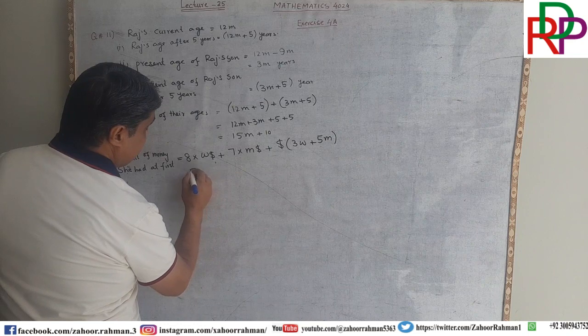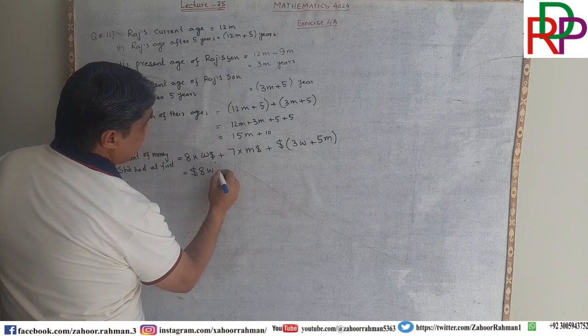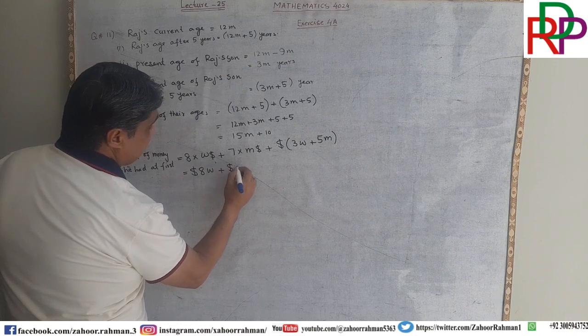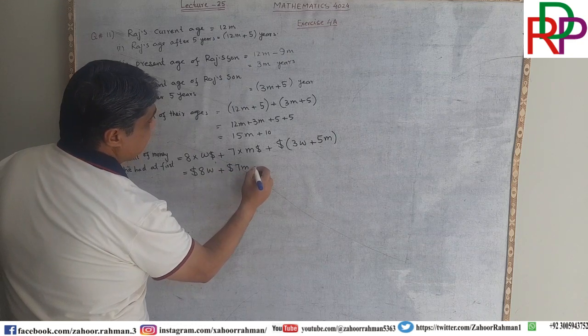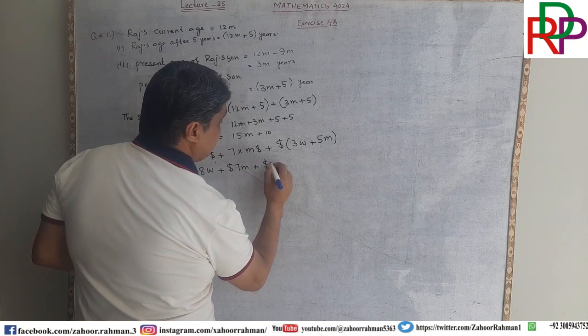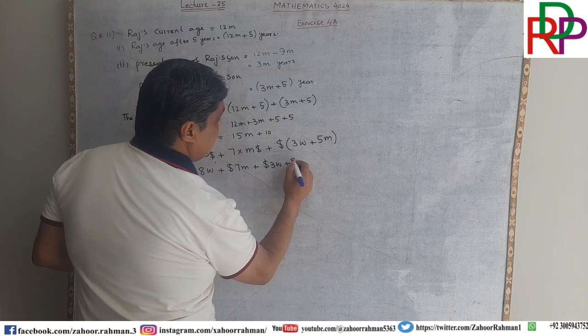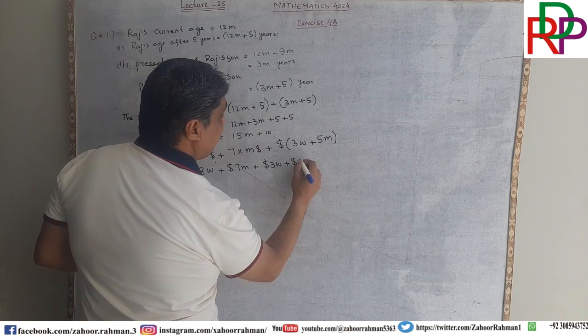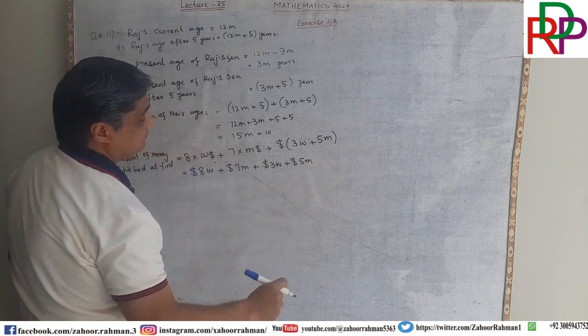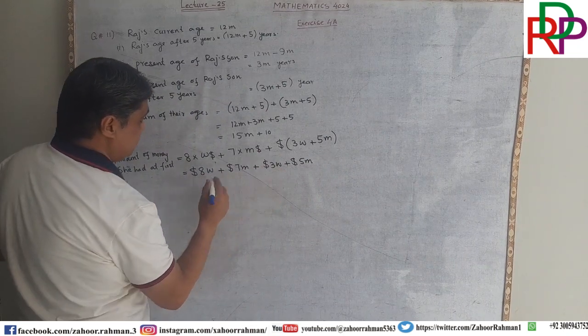So it means dollar 8W plus dollar 7M plus dollar 3W plus dollar 5M. Now we have to add this one with this one.